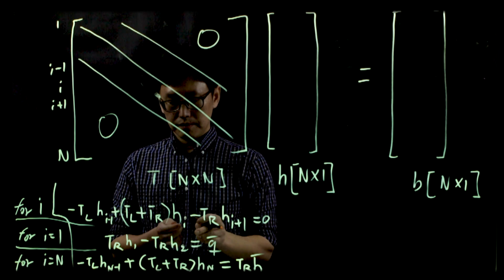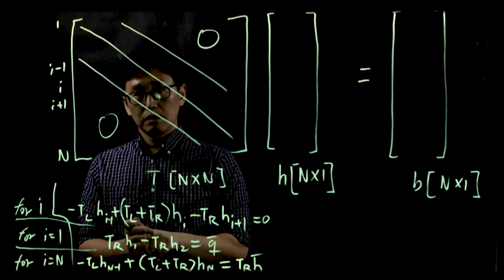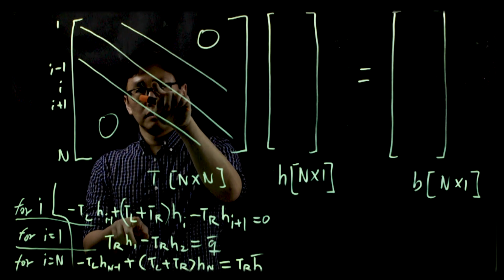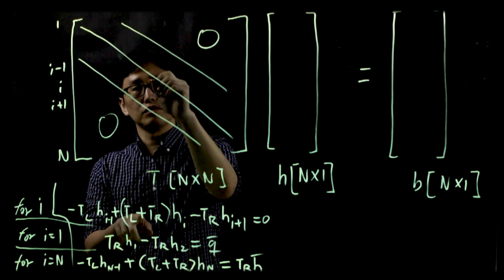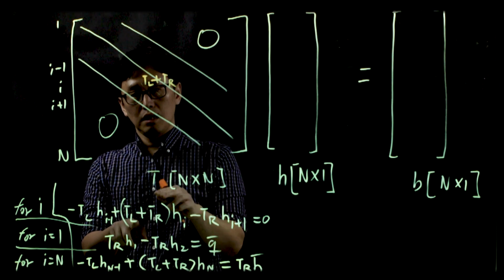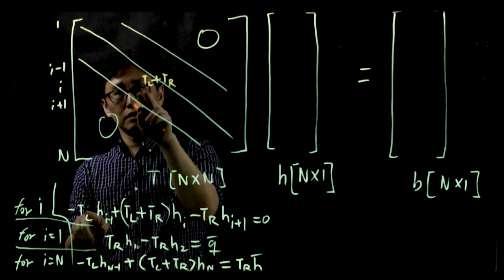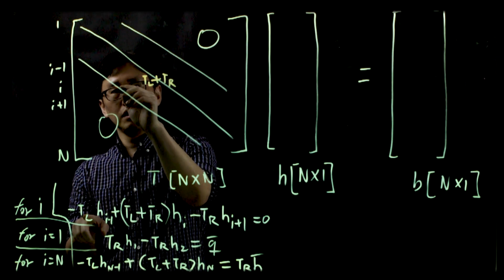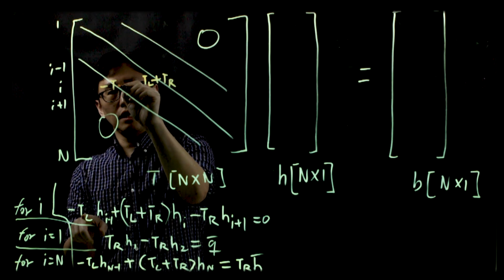So for cell I, the diagonal term would be TL plus TR, and the one leftward off-diagonal term would be minus TL.